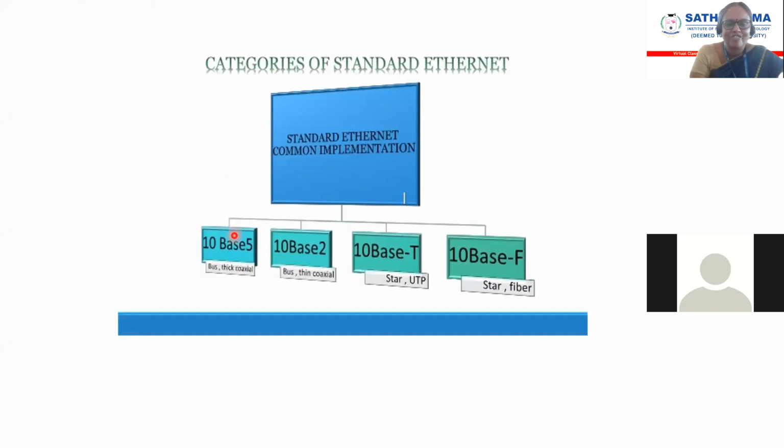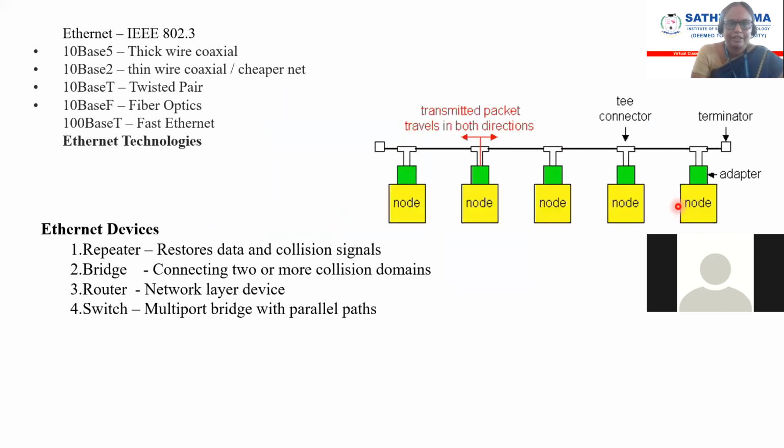Okay, 10 base 5, 10 base 2, 10 base T, 10 base F. Actually these are thick coaxial cable and thin coaxial cable, and this is twisted pair cable, and F stands for fiber cable. That's why these are the types of Ethernet we have used. So how were they connecting?